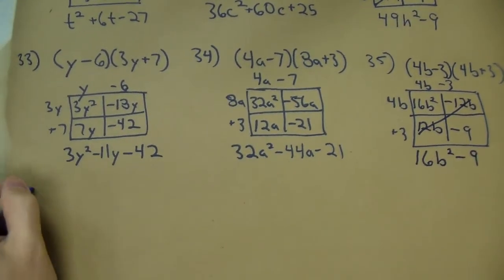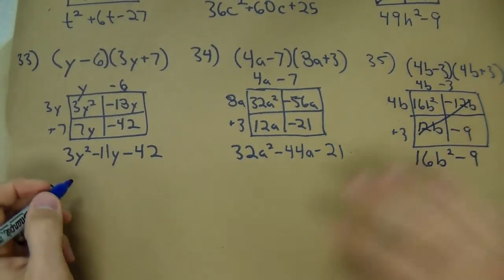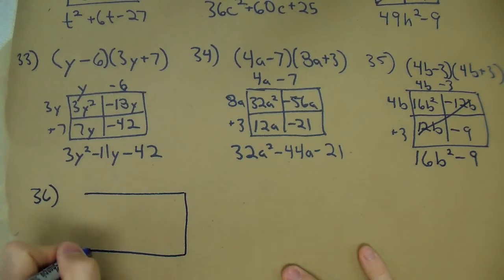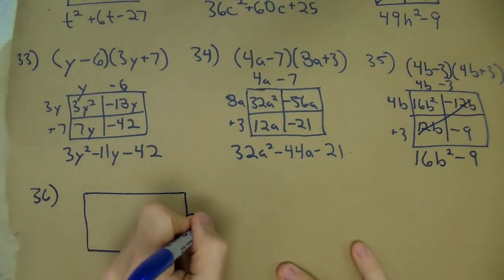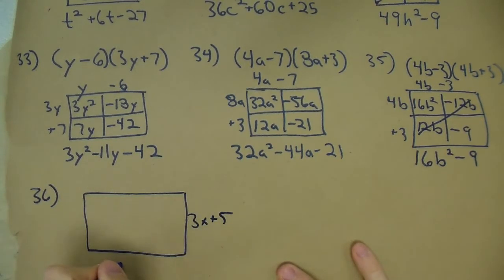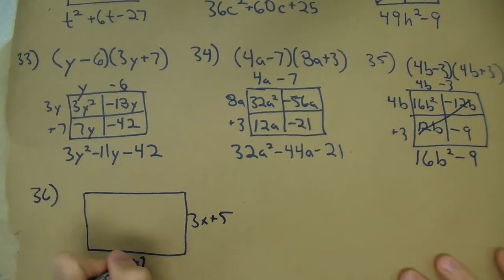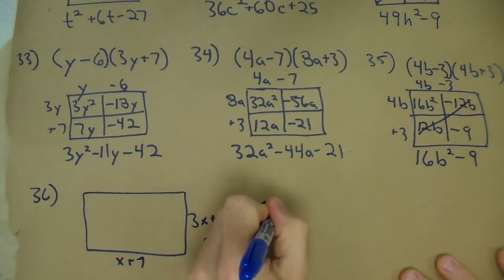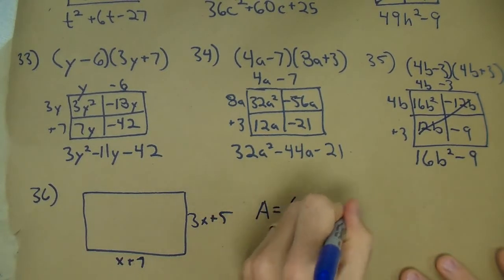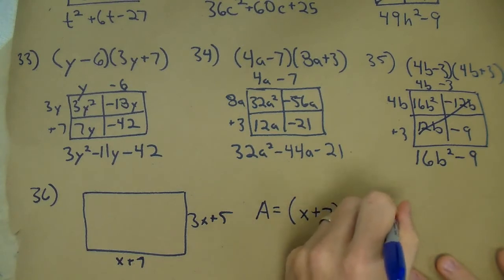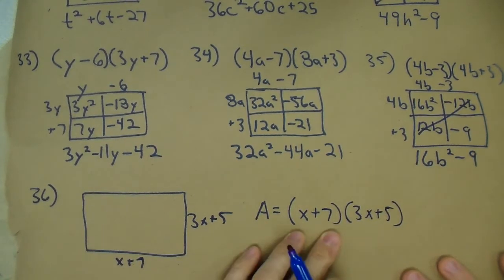For 36, we're given a rectangle, has dimensions of 3x plus 5 and x plus 7. Well, first of all, if we wanted to find the area, that's going to be x plus 7 times 3x plus 5. That's showing it as a product.